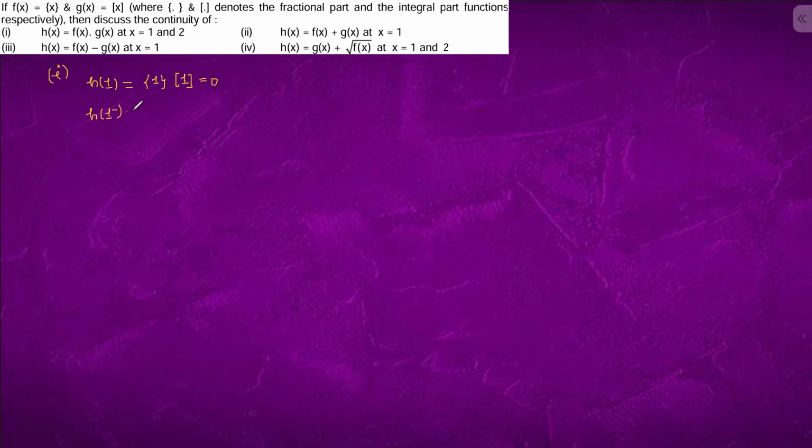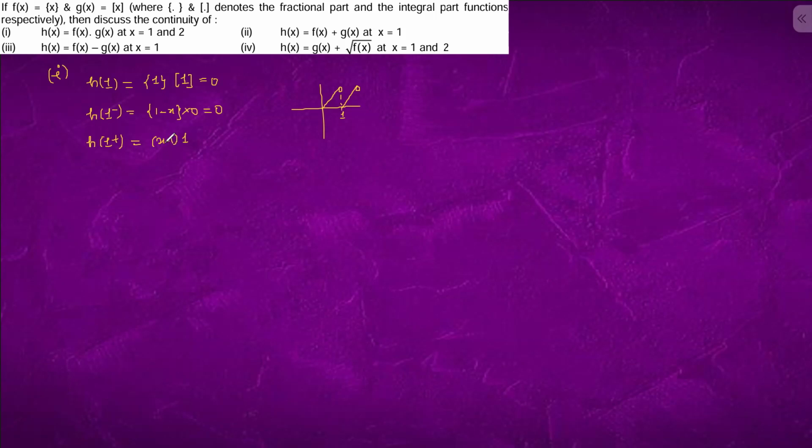At h(1 minus), it will become 1 minus x, and this will become 0, equals 0. At h(1 plus), if you see the line, it will become x minus 1, and this will become 1.